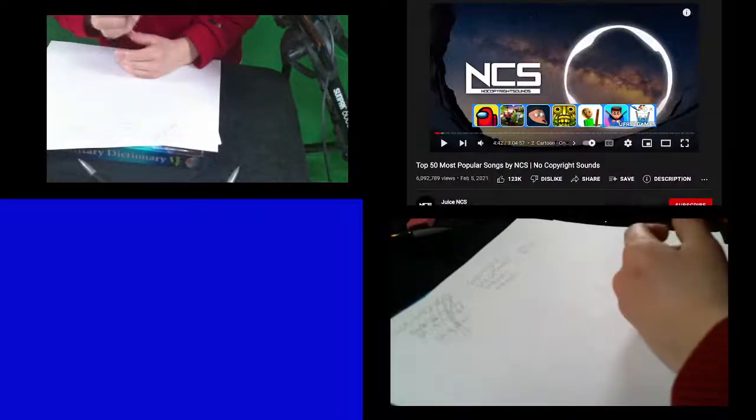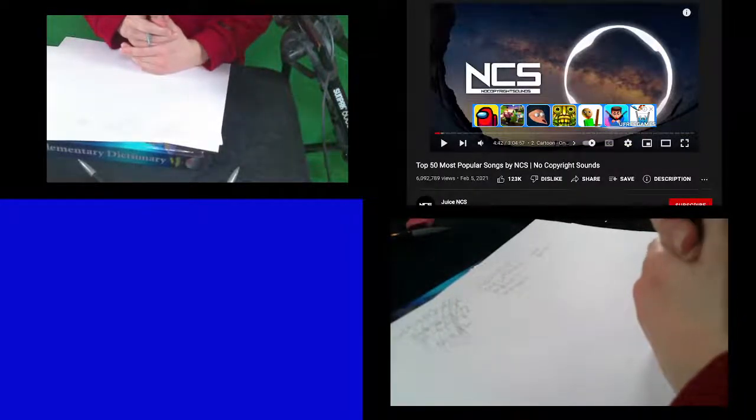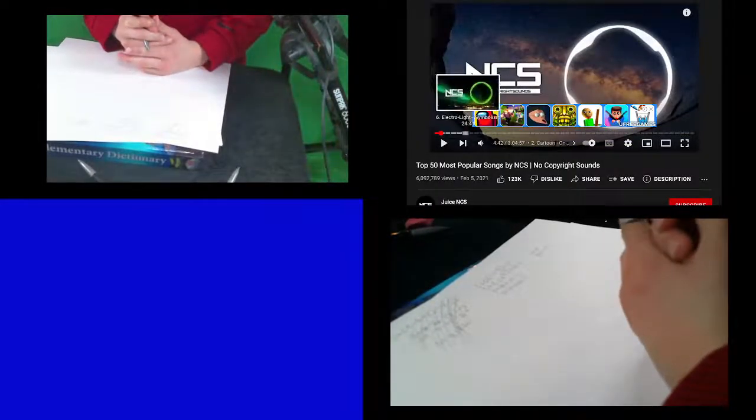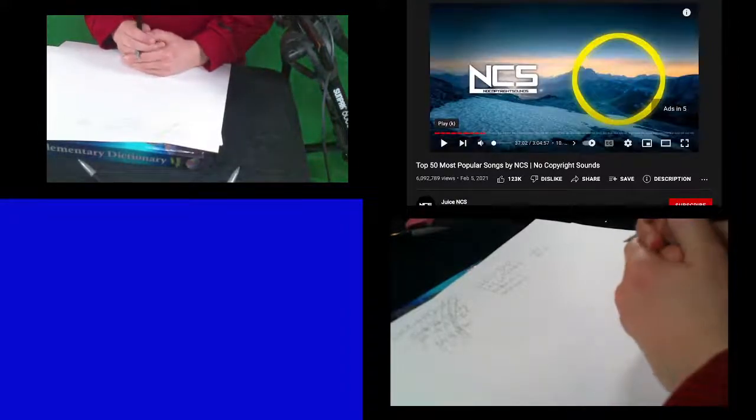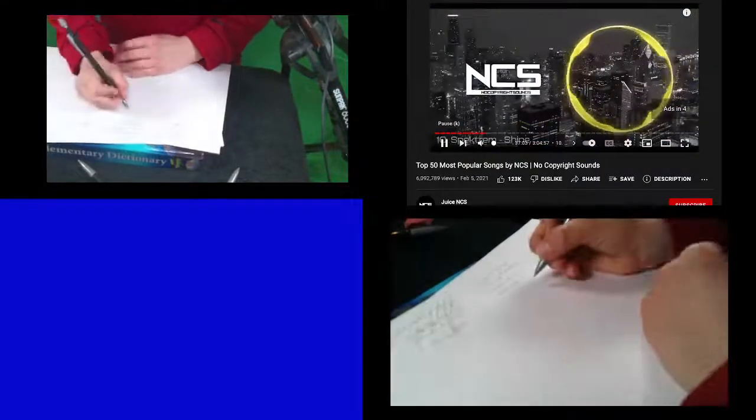So now we're moving on to the next. We have no parentheses, no exponents, no multiplication, but division we do have. So 125 divided by 1 is still 125.